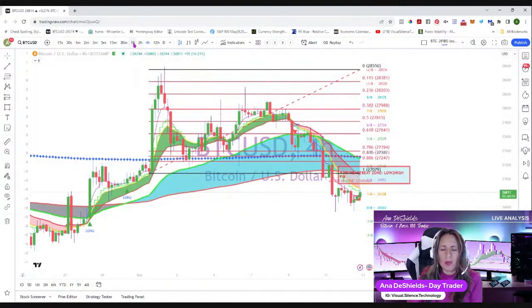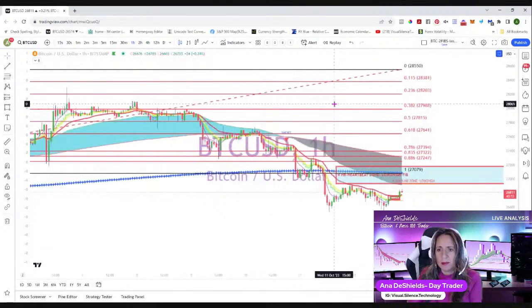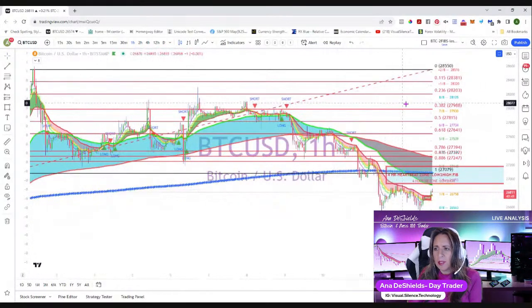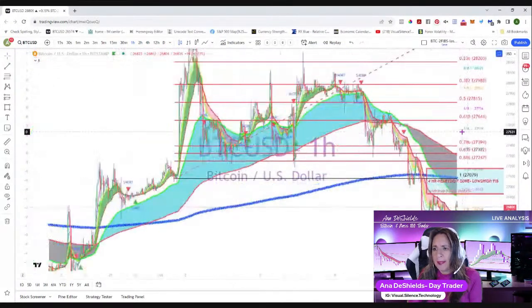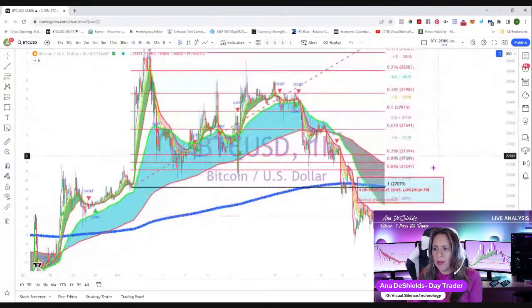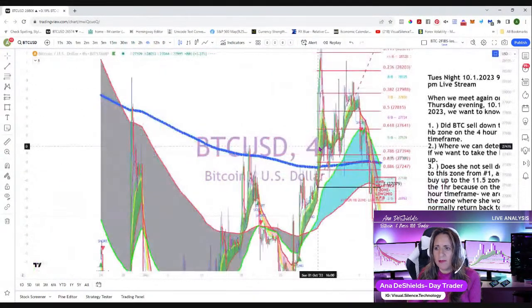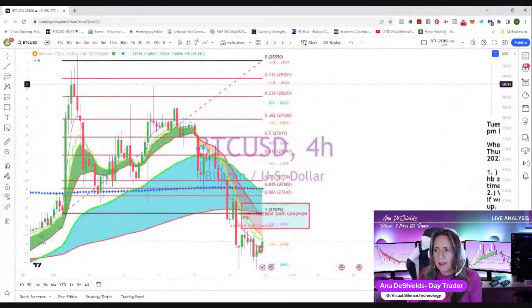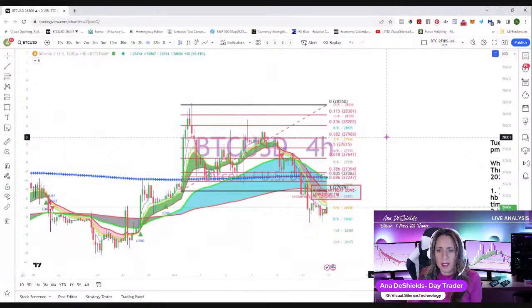Let's look at the 1 hour. We had that 1 hour fib on there too, and we had it going into the heartbeat zone on the 4 hour. Let's go to the 4 hour real quick. I'm thinking that I have the wrong fib on here. I accidentally deleted it, so that's throwing me off.